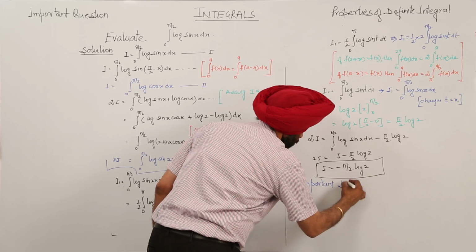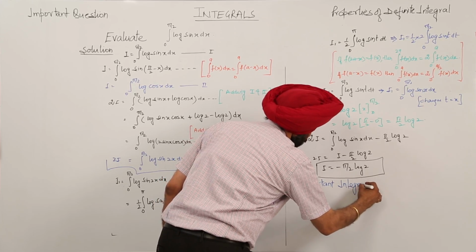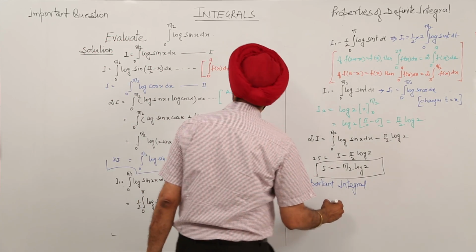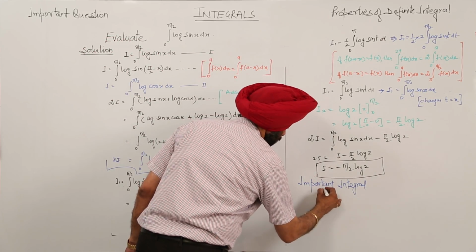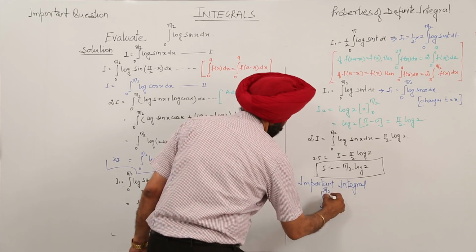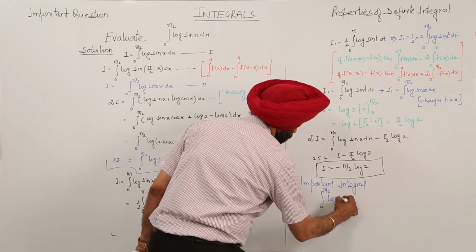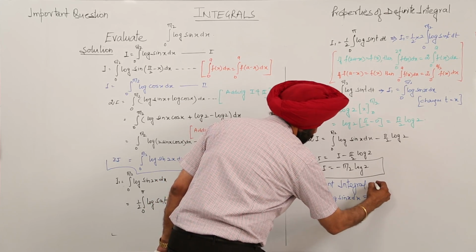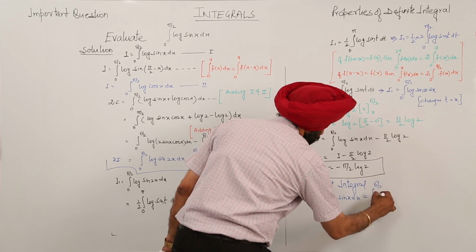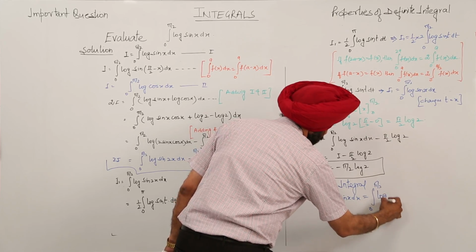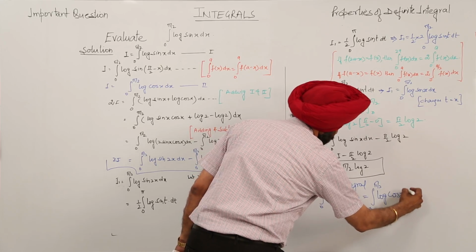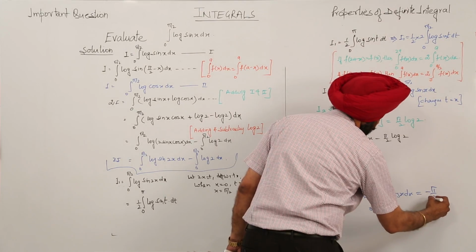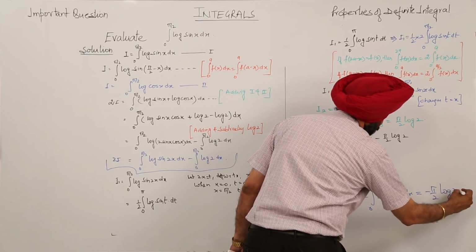In the important integral, we can write the integral from 0 to pi by 2 of log sin x dx is equal to the integral from 0 to pi by 2 of log cos x dx, which is equal to minus pi by 2 log 2.